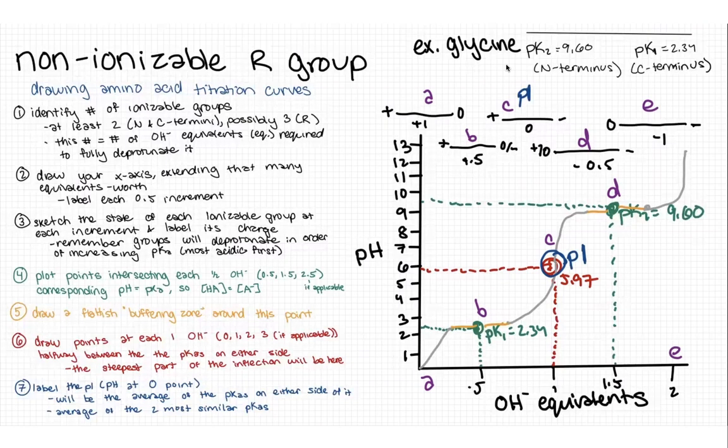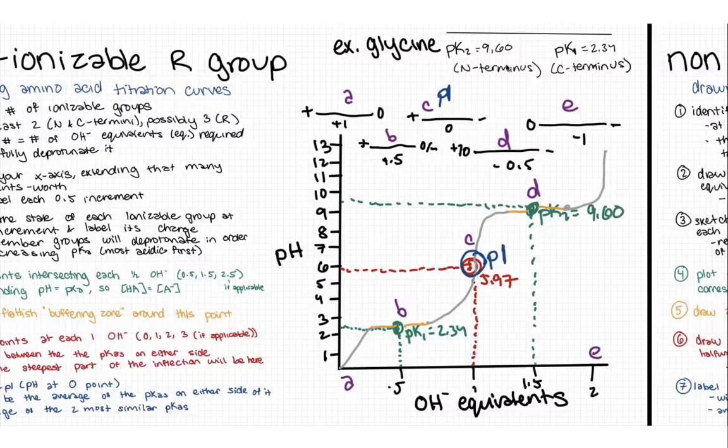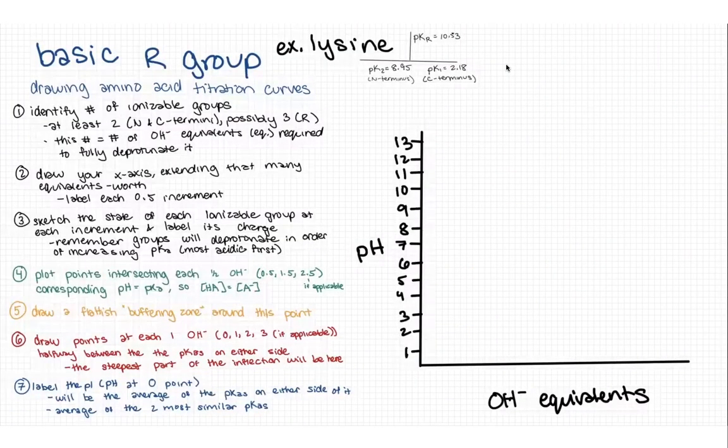Now let's get into something a little harder, where we have a third pKa to consider, a pKa for our side chain. Things are going to be very similar, except that in this case we're going to have a third equivalence point. We're going to need 3 NaOH equivalents because we have those 3 ionizable groups. So if we look at our number 1, identifying the number of ionizable groups, here we're going to have 3.